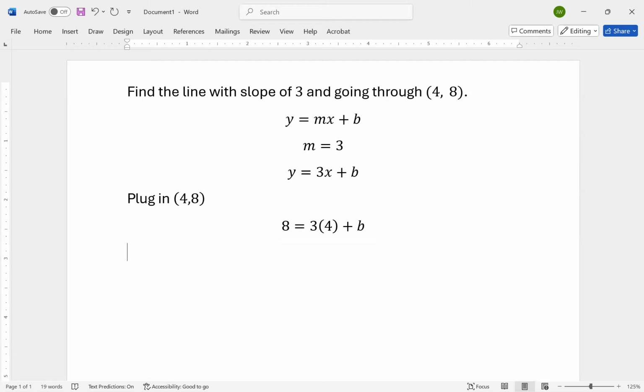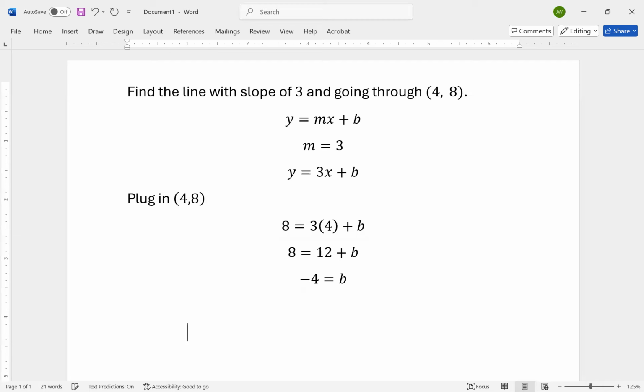8 is equal to 12 plus b. When you subtract 12 from both sides, you get -4 is equal to b. And there I found the b. That's it. Now I know the m because that was given to me, and I know the b because I plugged in that point.